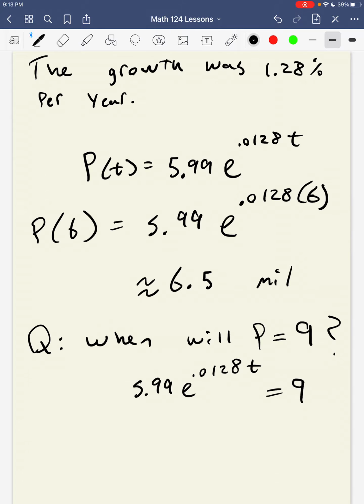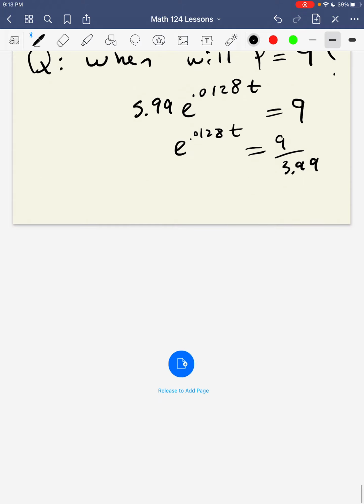That will give us the time at which the population is 9 million. So we divide and get e to the 0.0128t equals 9 over 5.99.